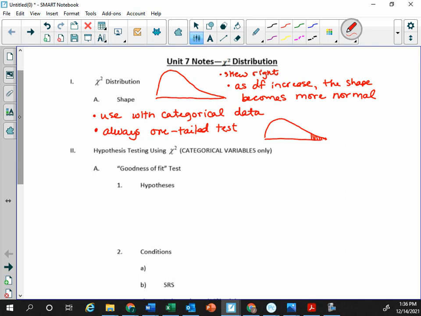All right, there's 3 different types of tests we can do with the chi-square distribution. We have the goodness of fit test. That's the first one. Again, we're always working with categorical variables when we're doing chi-square. The goodness of fit is often abbreviated GOF.